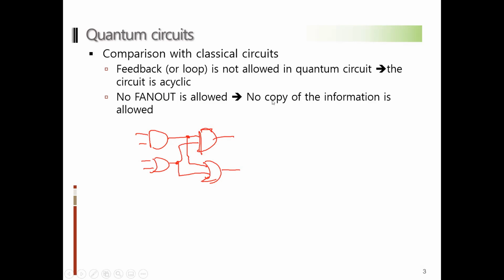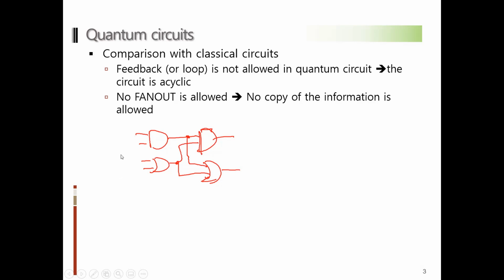because in quantum logic, the copy of the information is not allowed, which is surprising. I will work on this part in more detail in a later slide. But because of that, information in general cannot be copied, so you cannot directly implement this one.